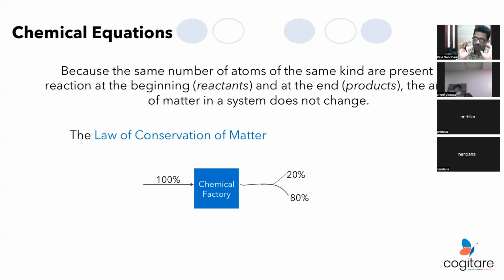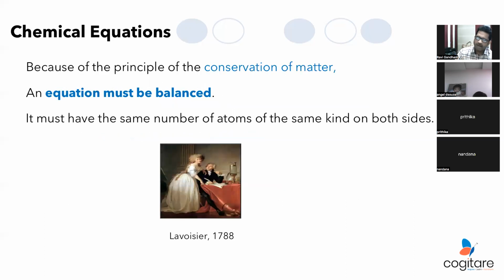And that is the reason why you need to always balance your equations. Why do you need to balance your equations? Because it follows the law of conservation of mass or matter. Who gave this? It was given by Lavoisier, in 1788.